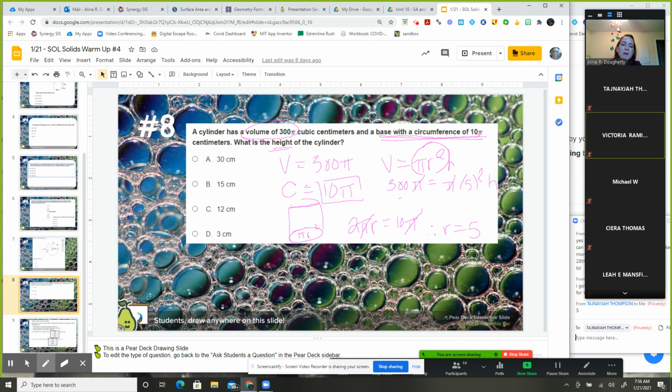So 300 equals 25h. And if you divide by 25, what do you get? H equals what? It's 300 divided by 25. Is it 12?